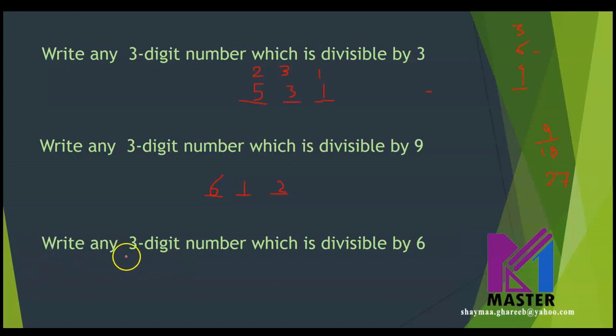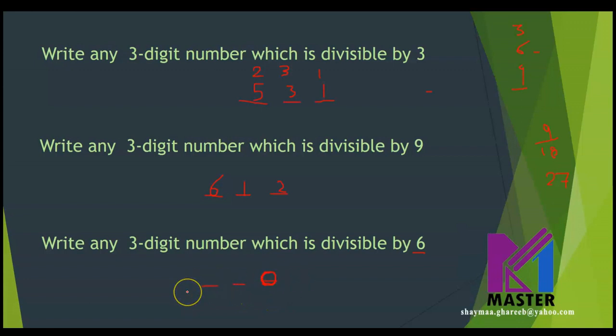The last question: write any 3-digit number which is divisible by 6. Divisible by 6 means it has to be an even number. So I will put the places. What should I write in the units? Any number? No. Any even number such as 2, 4, 6, 8. So for example, I can put 0, okay? The number should be divisible by 2 and 3 at the same time. So I will put 0, then whatever number I write is divisible by 2.